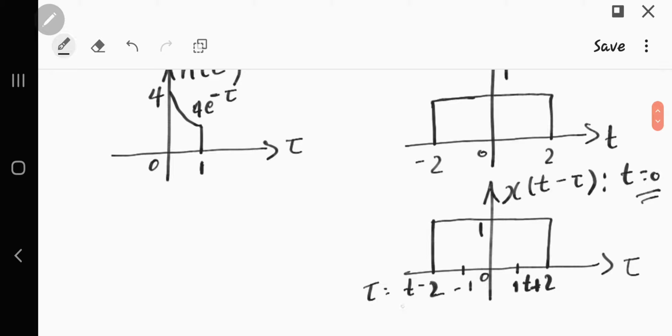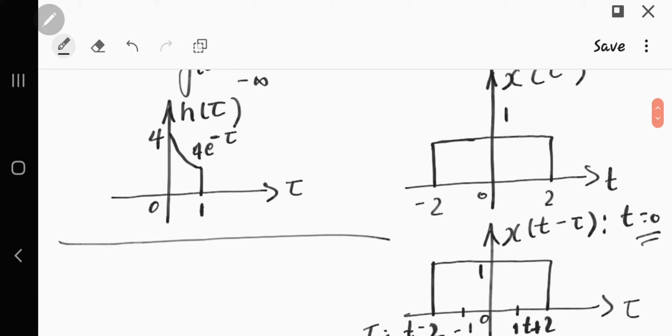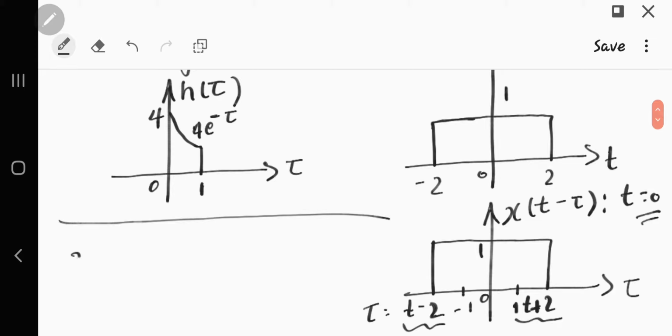Now if you are having difficulty finding this, you have a simple procedure to go through. I will explain here. Just define the signals as they are in their respective terms. First you start with x of tau.